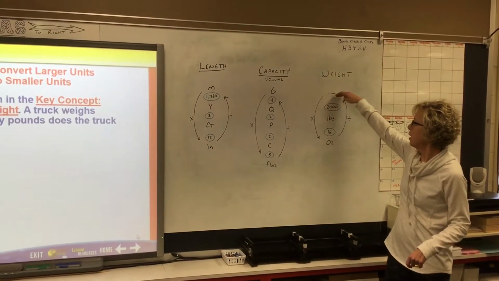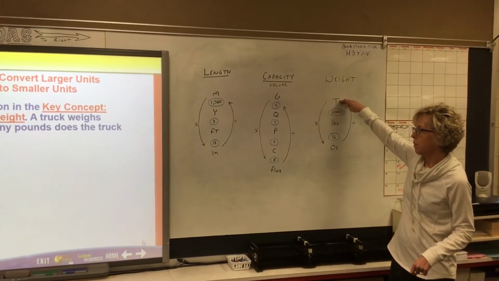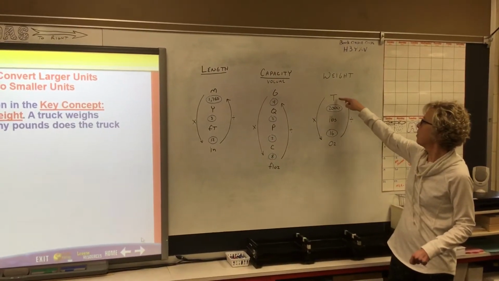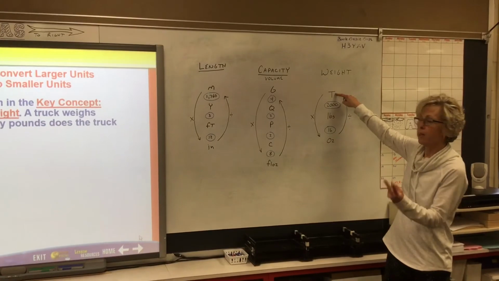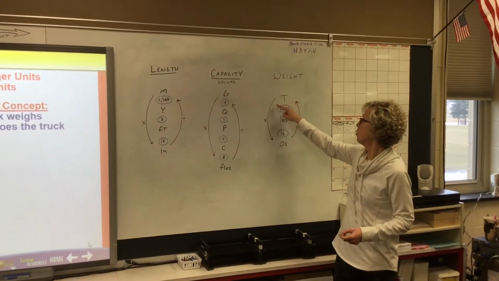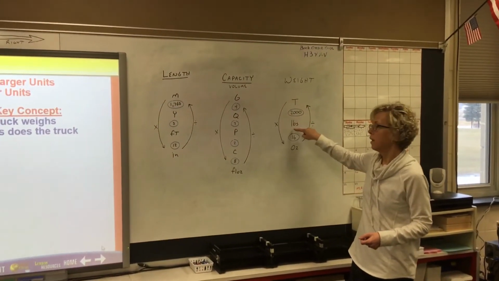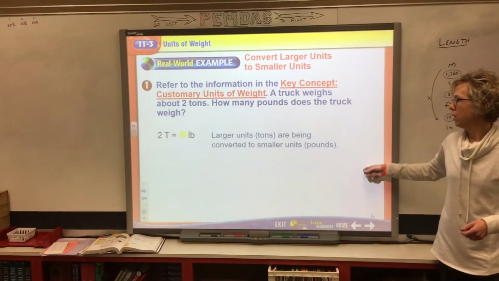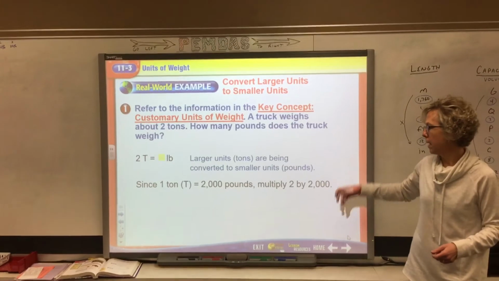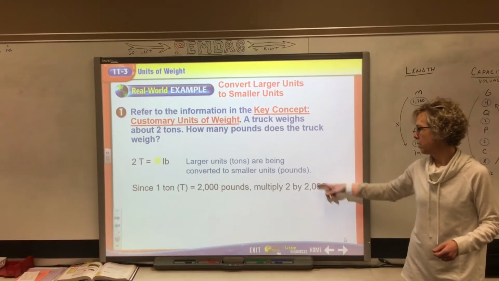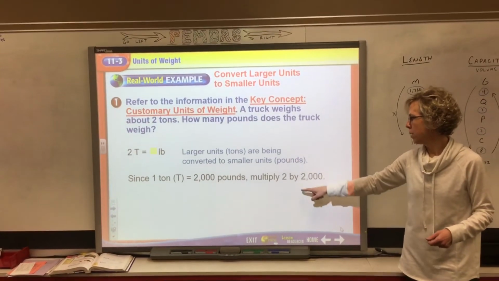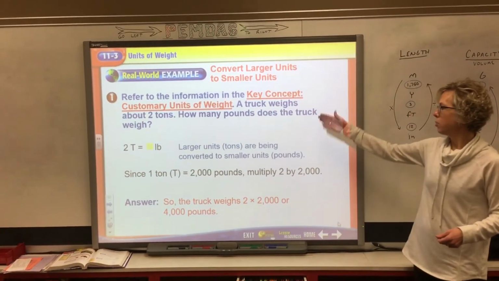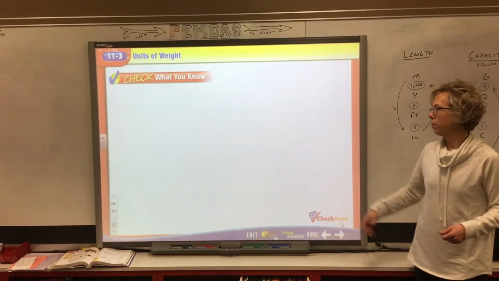If there are 2,000 pounds in 1 ton, and we've got 2 tons, we would say 2 times 2,000. We know that 2 times 2 is 4, and with mental math, we just add the 3 zeros onto it. So 2 times 2,000 would be 4,000. So a truck would weigh about 4,000 pounds.